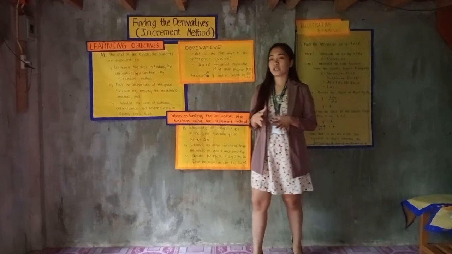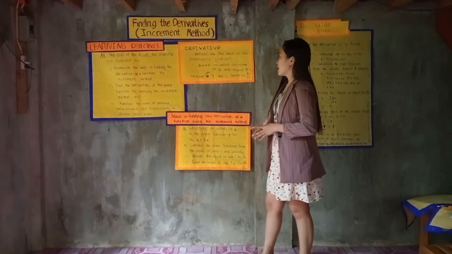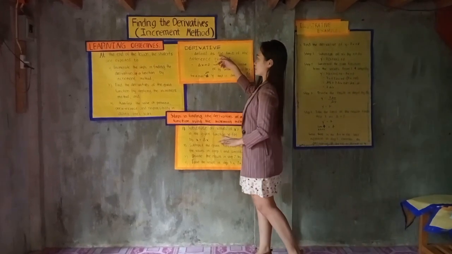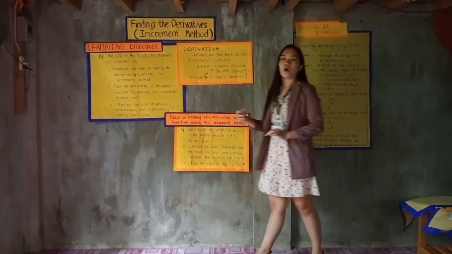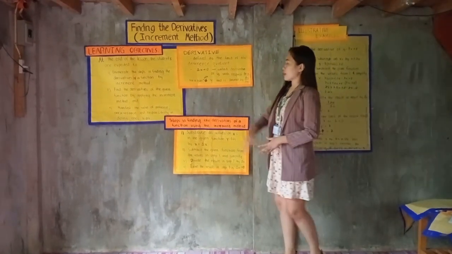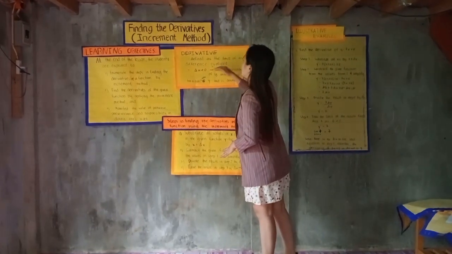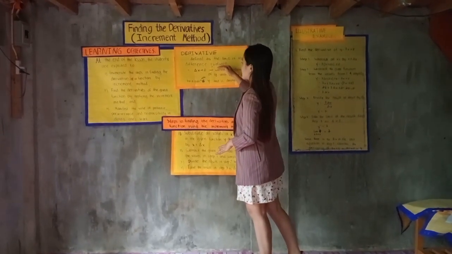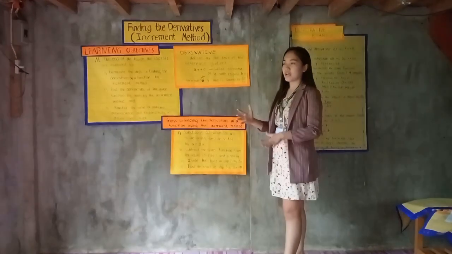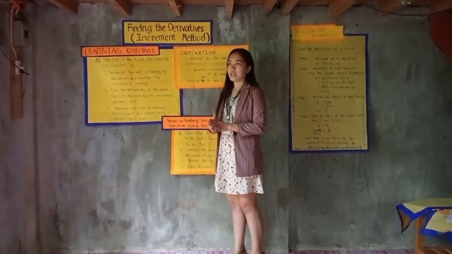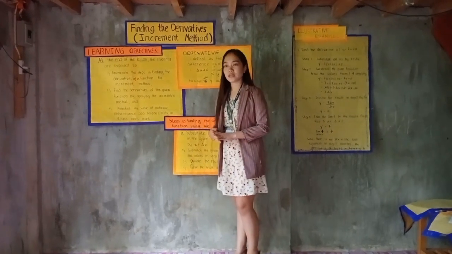Okay, Defensor, what is your explanation or idea about the definition of derivative? Okay, very good. So, ang ibig sabihin ni derivative, the limit of the difference quotient. So, in finding the derivative, i-apply natin yung concept ni limit.